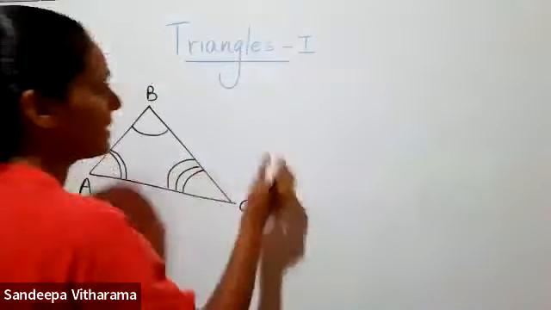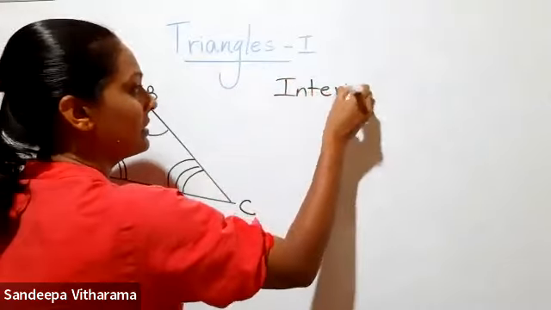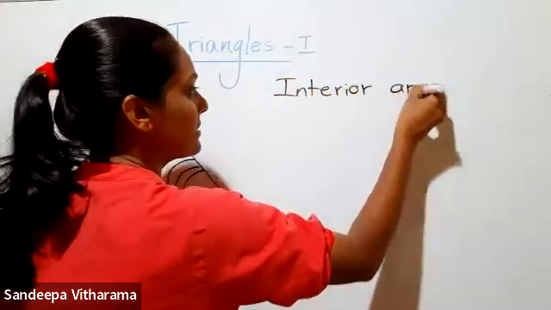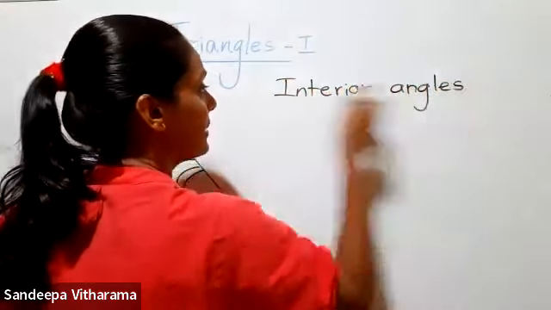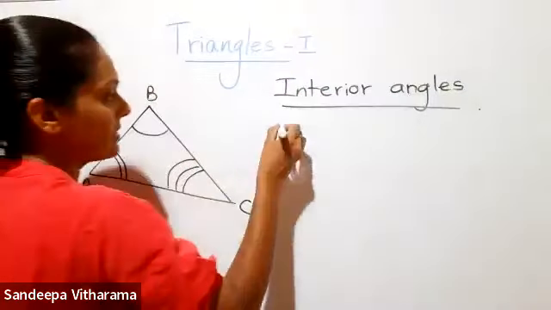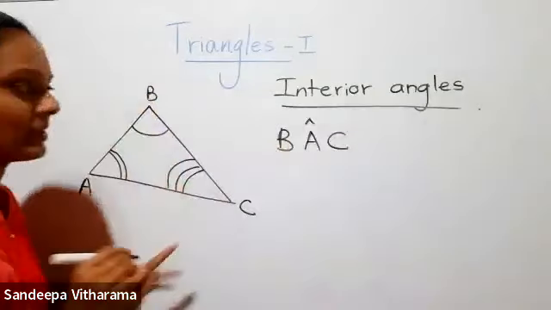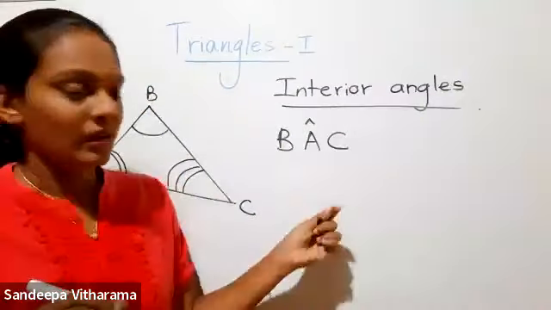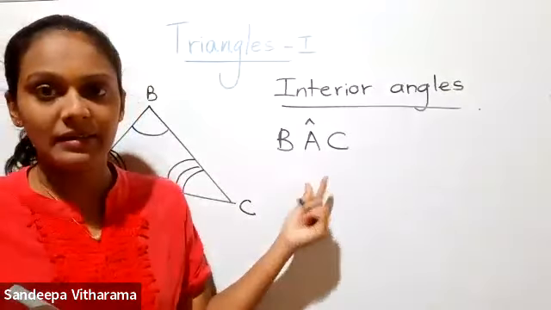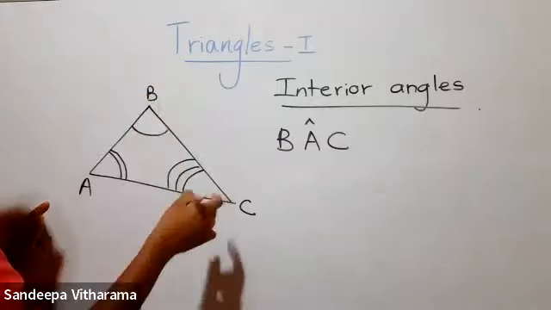So these are called the interior angles. Then let's name the interior angles: BAC. Always we write the vertex of the angle in the middle. Then here ABC.